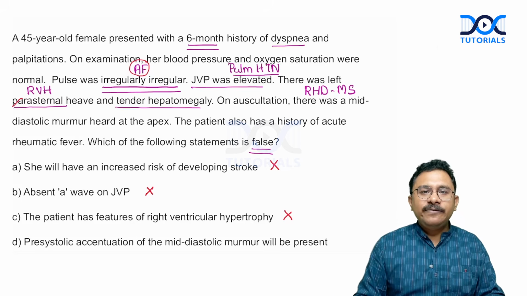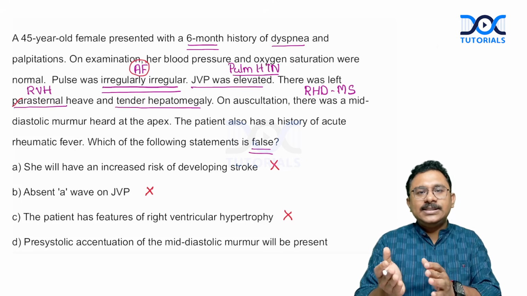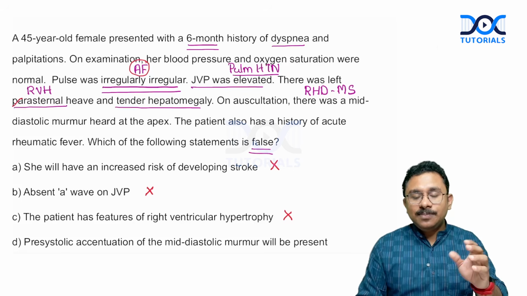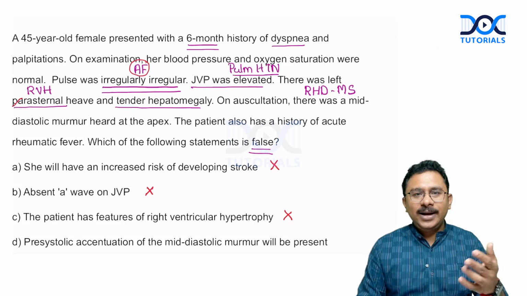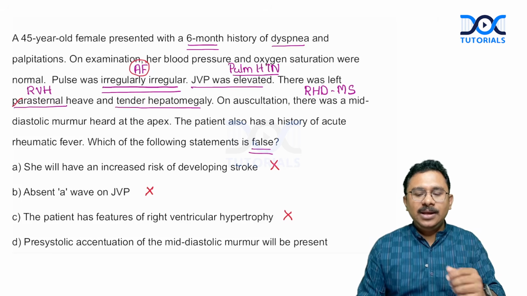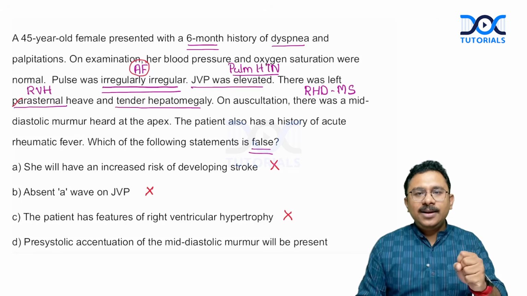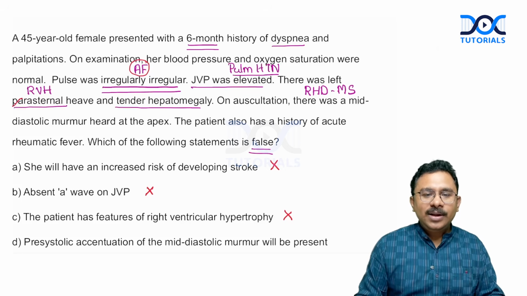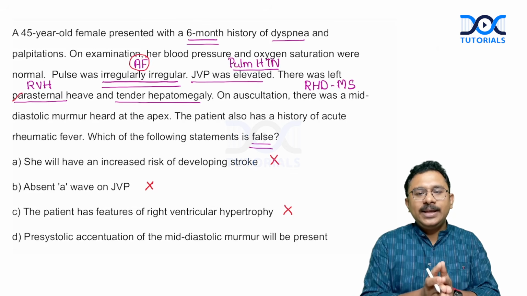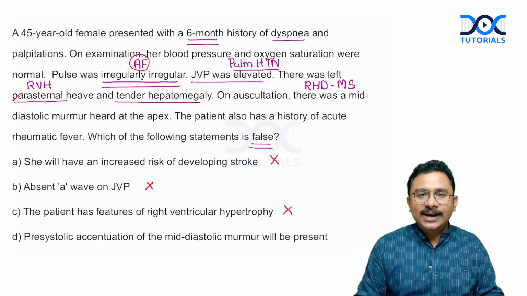So the late phase of ventricular diastole, or the phase just before the systole, is characterized by something that is known as atrial kick, because there is an active contraction involving the left atrium to eject out the remaining blood. So because of the atrial kick, or the forceful atrial contraction, there can be a presystolic accentuation of the mid-diastolic murmur. So definitely patients with MS can have presystolic accentuation of the mid-diastolic murmur.